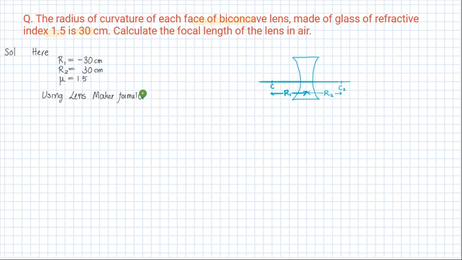now in this case they have not mentioned anything about the object distance or the image distance. In that case I can use this formula, which is 1 by f equals mu minus 1 into 1 by R1 minus 1 by R2.